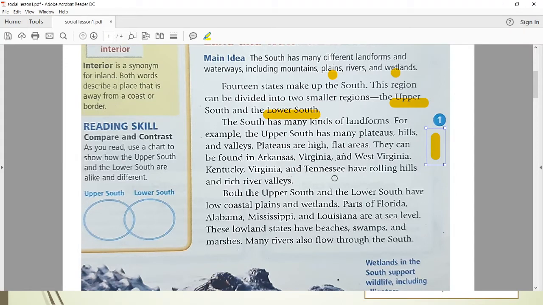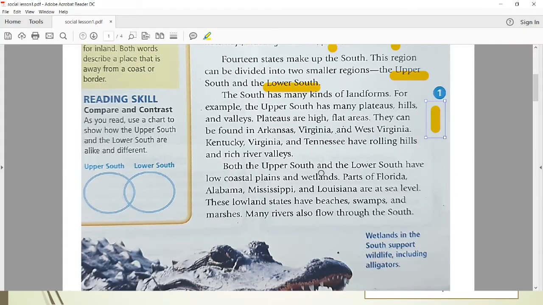Kentucky, Virginia, and Tennessee have rolling hills and rich river valleys. So you can see here a lot of places have different kinds of landforms and are rich in river valleys. They have rivers, mountains, plateaus, and valleys.